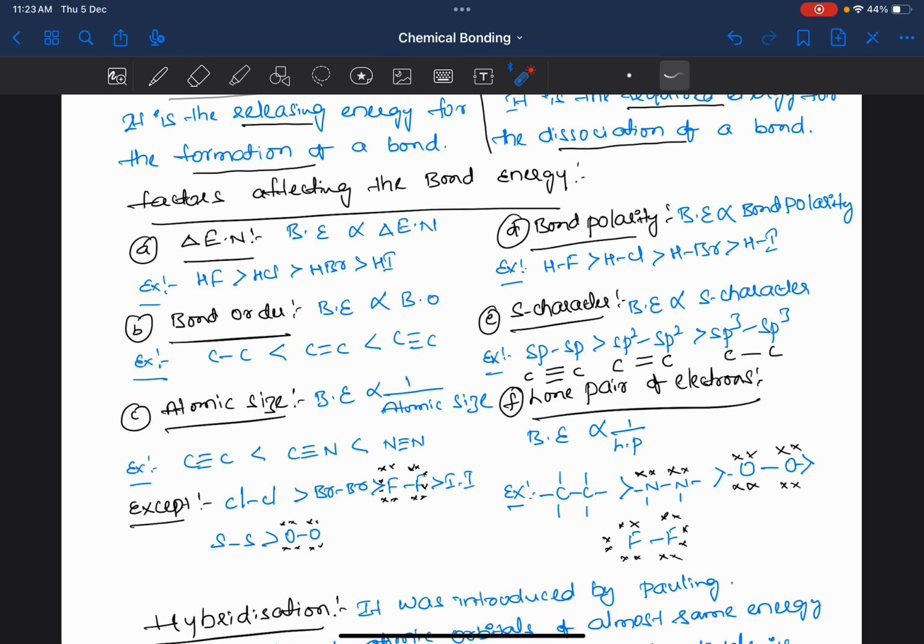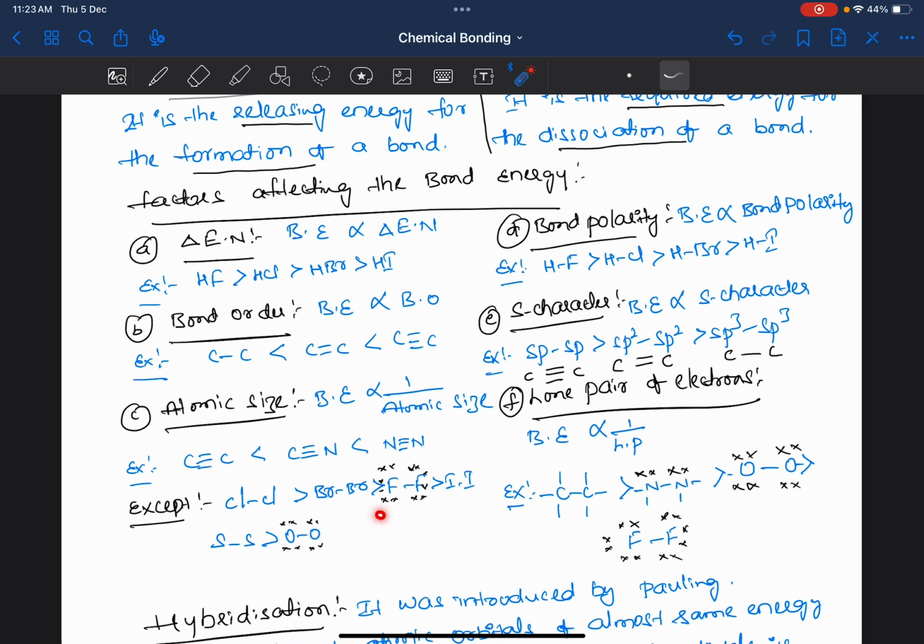What is that? In halogens: chlorine, bromine, fluorine, iodine. These are all group 17 molecules. In all these, actually the bond energy should be more for the fluorine molecule, but its place is changed. Why? Due to more inter-electronic repulsions in the fluorine molecule, its bond energy is decreased.